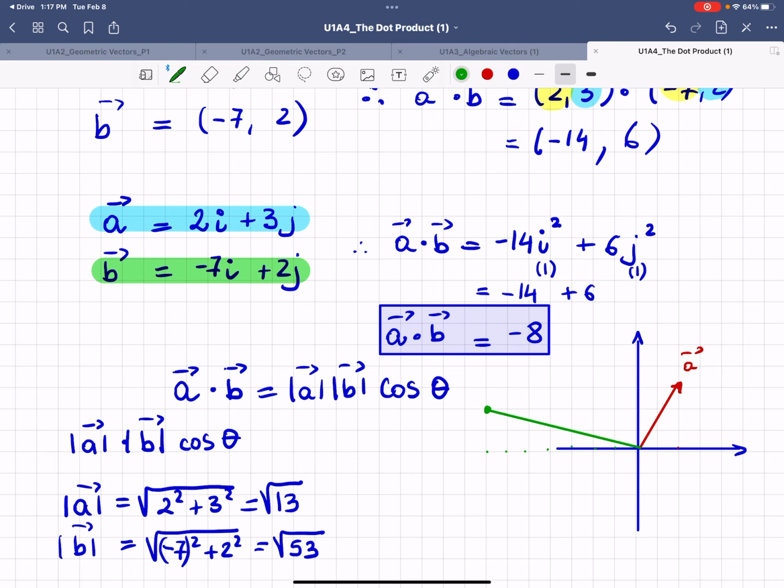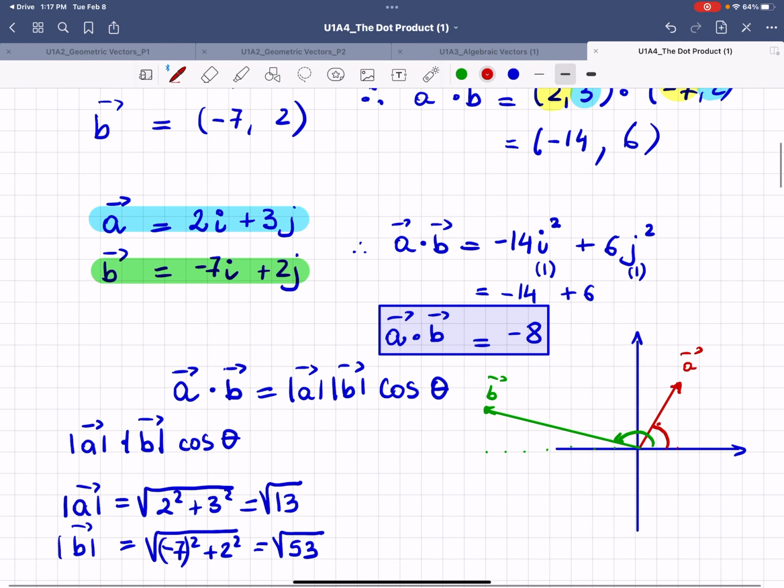And now we're thinking, here is vector B, here is vector A. How do I know what angle they make with one another? If I only knew the angle that vector A makes with the positive x-axis and the angle that vector B makes with the positive x-axis, then the angle between these two vectors, I'm going to call this angle alpha, and this one angle beta.